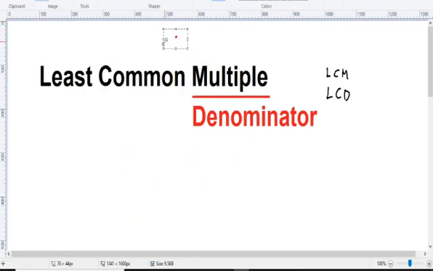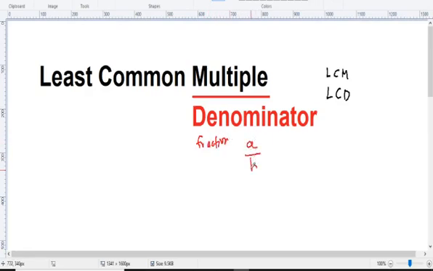Should we talk about least common denominator? This is actually, so we talk about fractions, right? Because when you talk about denominator, you're talking about fractions. The denominator is the number below.